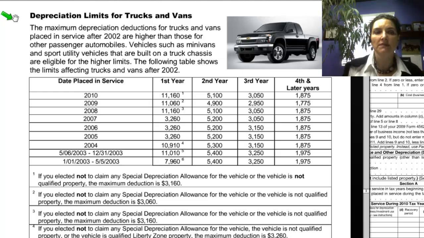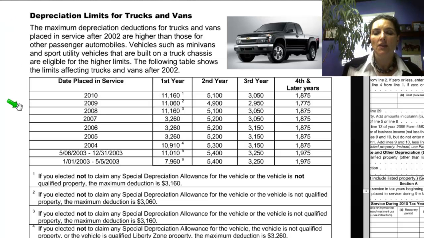Depreciation limits for trucks and vans. The maximum depreciation deductions for trucks and vans placed in service after 2002 are higher than those for other passenger automobiles. Vehicles such as minivans and sport utility vehicles that are built on a truck chassis are eligible for the higher limits. The following table shows the limits affecting trucks and vans after 2002.